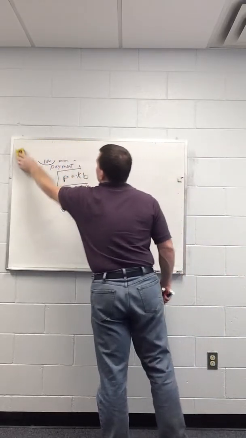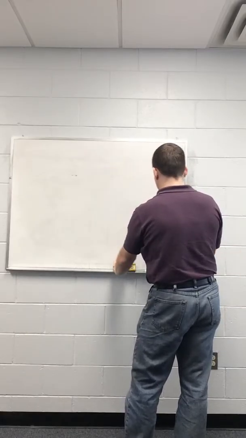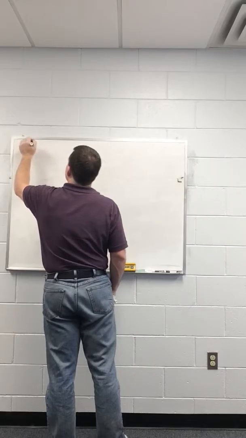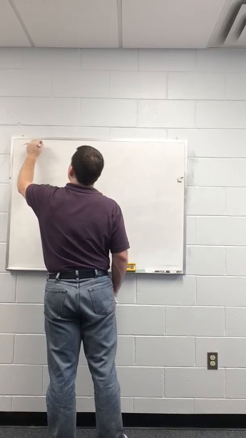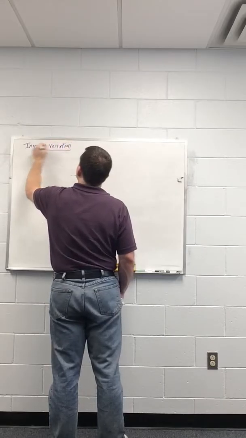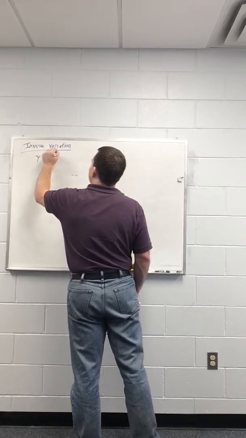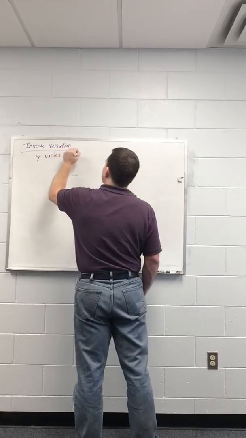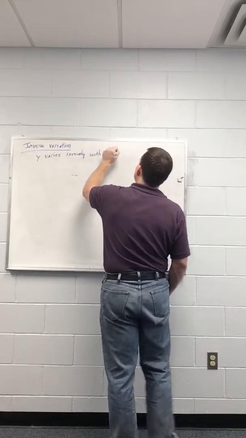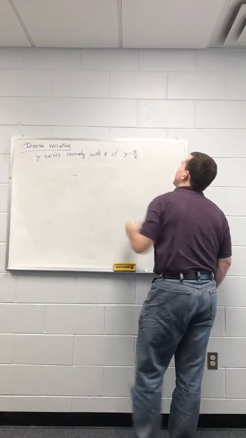So, to make these a little bit more entertaining, like I said at the beginning, there's actually different types of variation. The second type of variation is called indirect variation or inverse variation. And all we say, y varies inversely with x if y equals k over x.